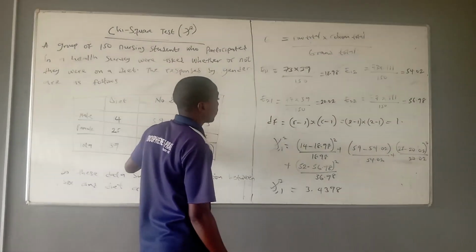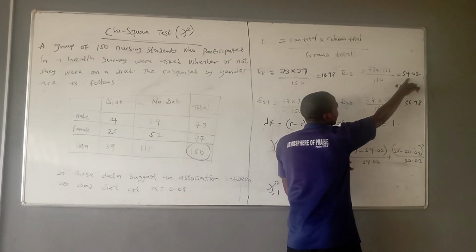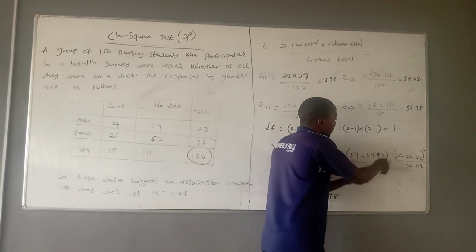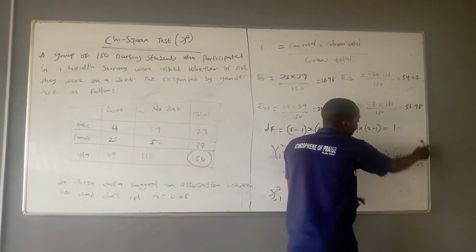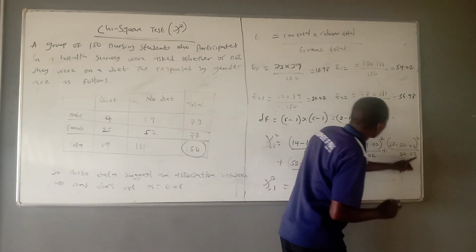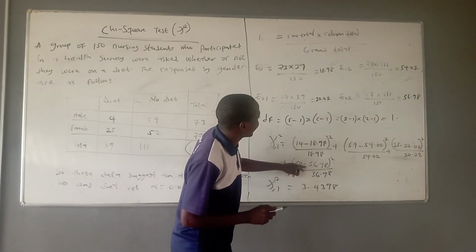We have 59. The observed is 59 minus the expected, which is 54.02, squared, divided by 54.02. Then plus the next one, 25 minus 20.02, squared, divided by 20.02. And then the last one is 52 minus its expected.